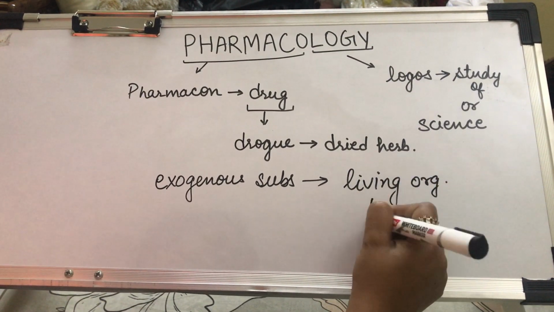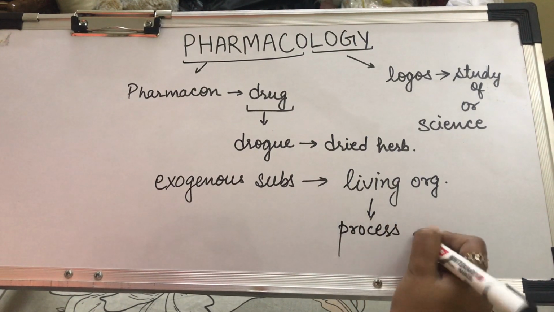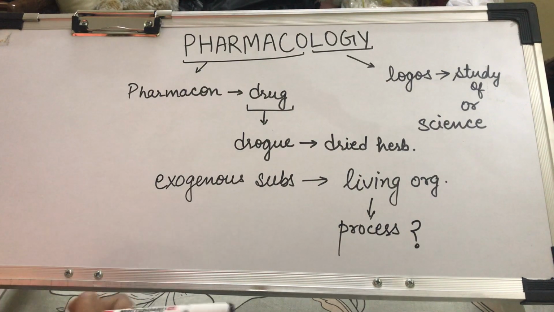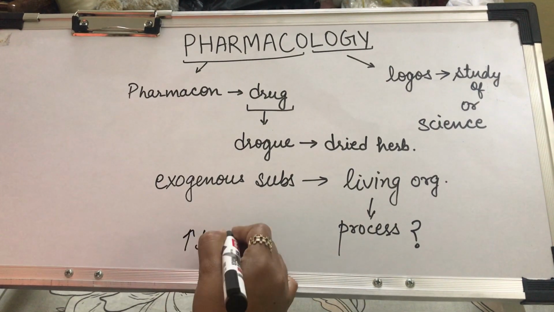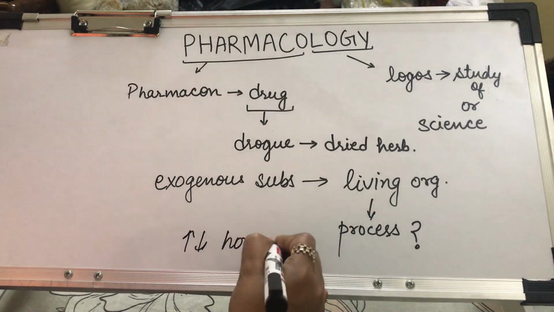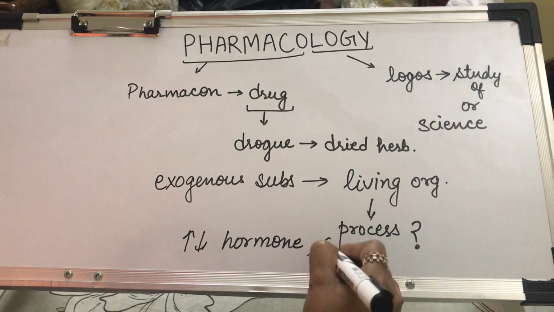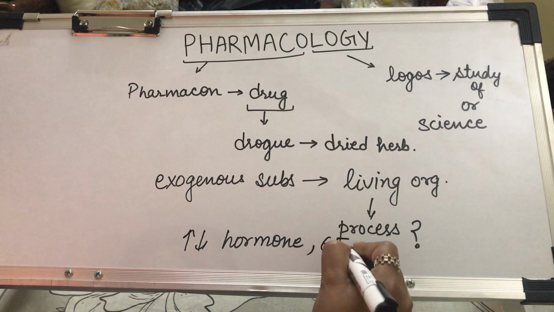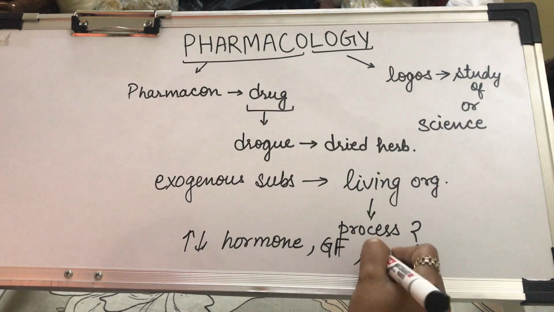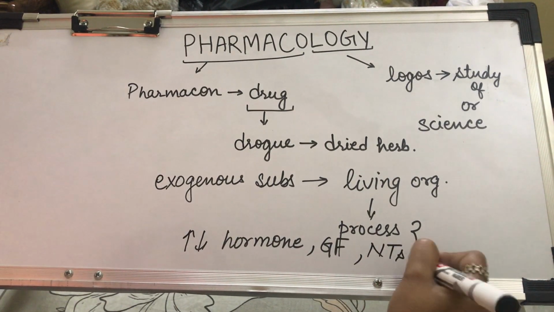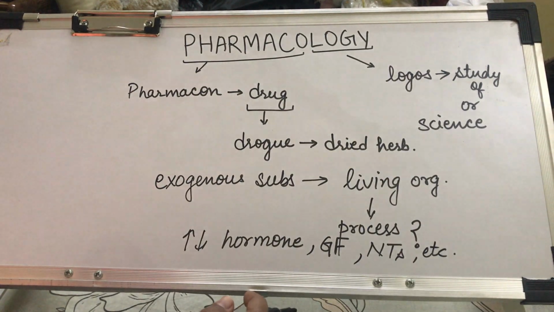how is it going to affect the processes of the body? What is it going to do? Whether it is going to increase or decrease the hormone level, or affect your growth factors or growth hormones, or affect your neurotransmitters, etc. What effects are going to be produced in a living organism?